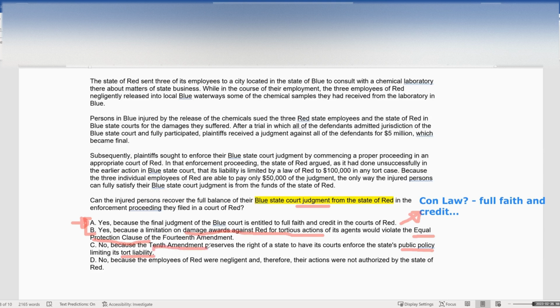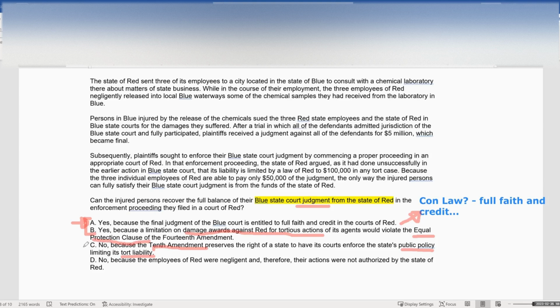I'm not sure that is an accurate portrayal of the 10th Amendment, because it's not an unwaivable right for them to decide cases involving tort liability. And especially since answer choice A matches up so well, I would not be really happy with this answer choice.